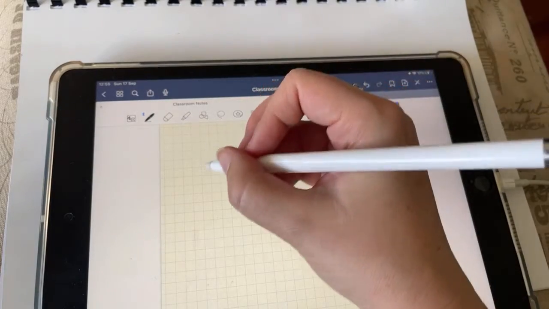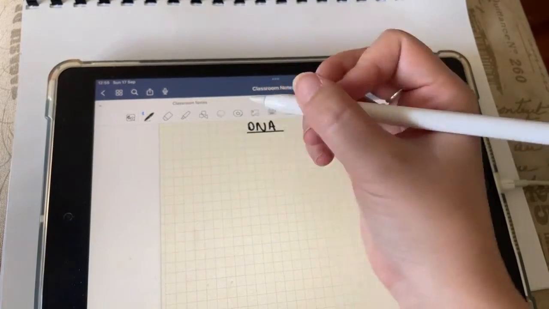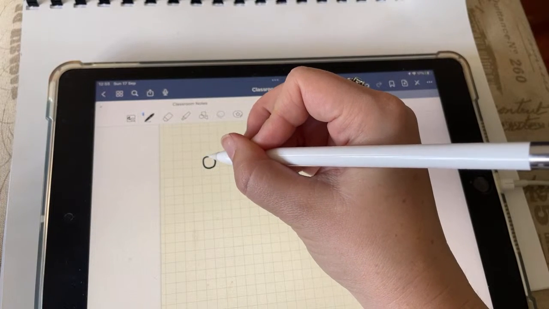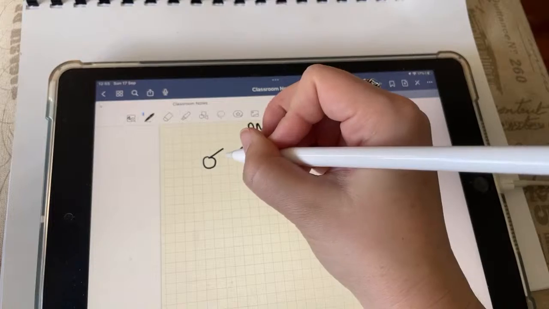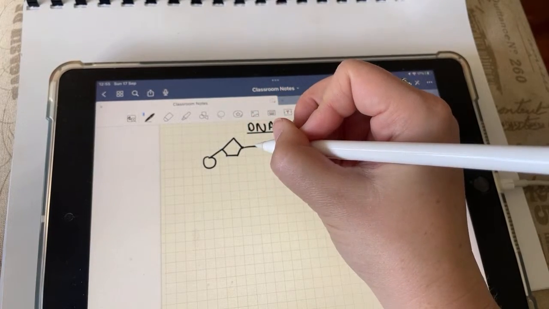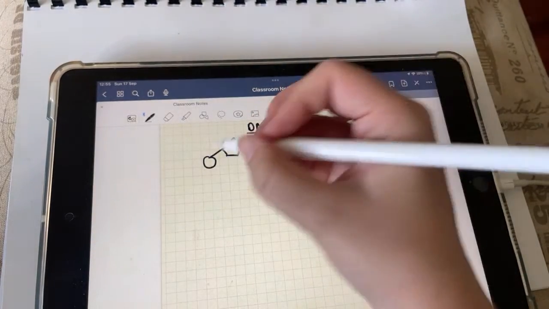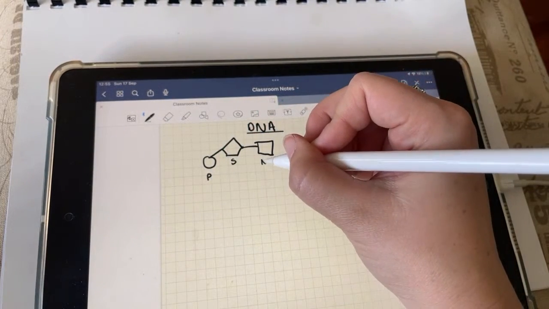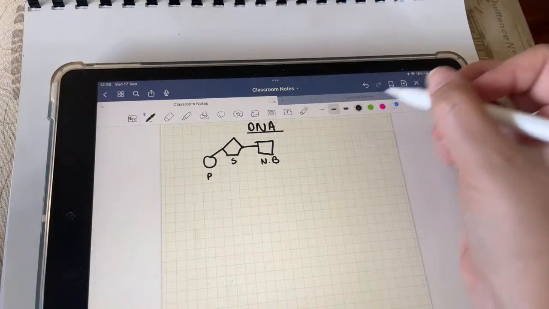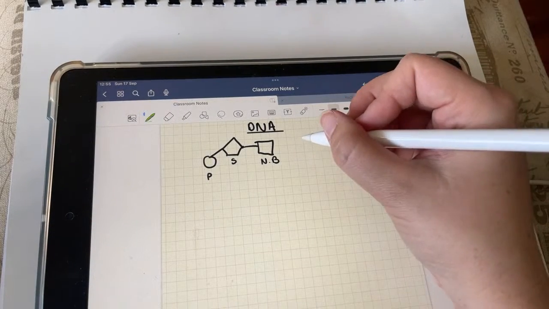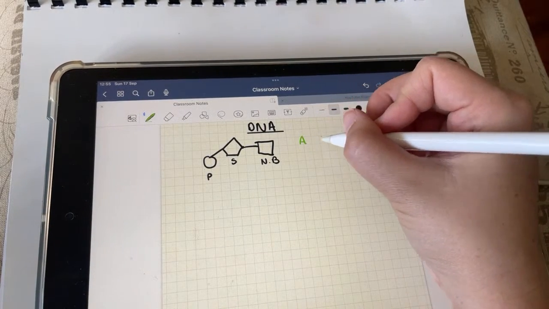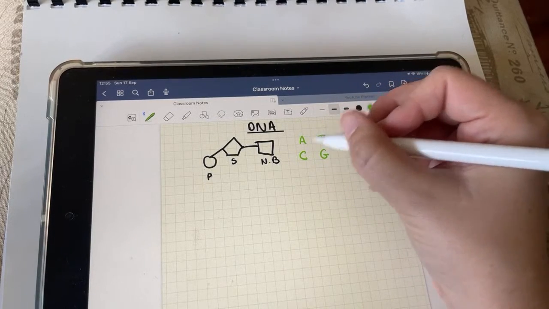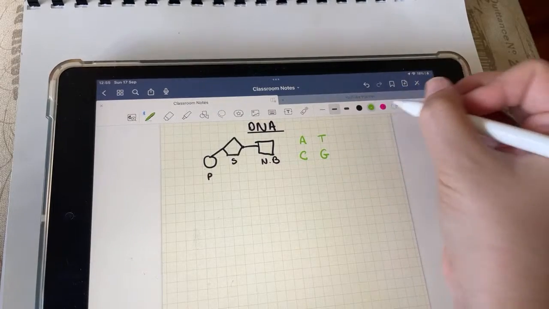Now I'm going to do a quick recap on the structure of DNA because we all need to be on the same page. So first things first, I need us to know that the structure of a piece of DNA is pretty repetitive. We have a phosphate, a sugar, and we have a nitrogenous base. There are 4 bases, which is A, T, C, and G: adenine, thymine, cytosine, guanine.